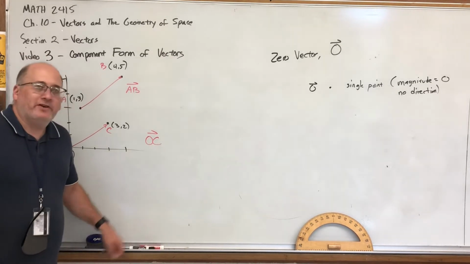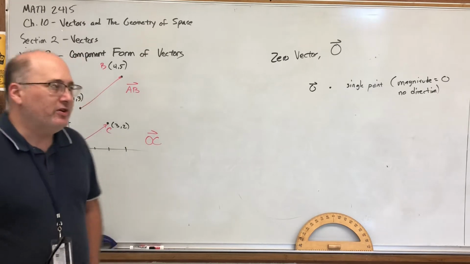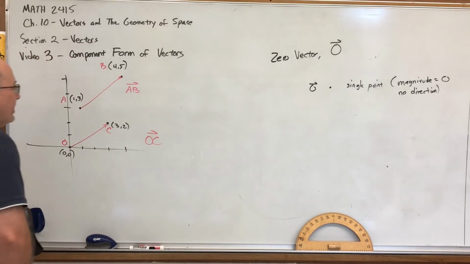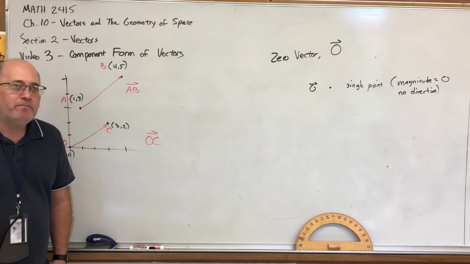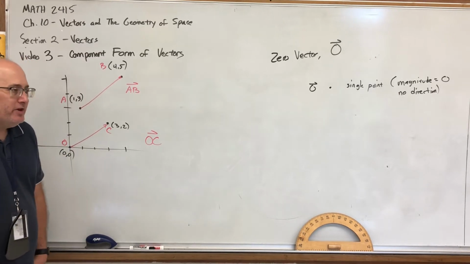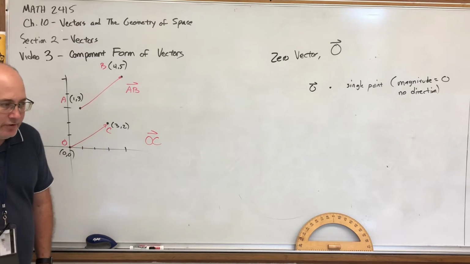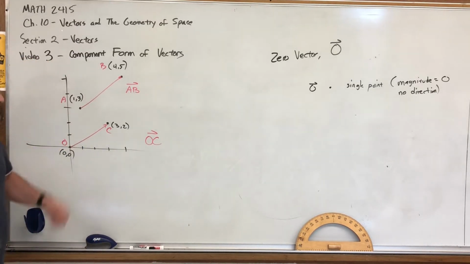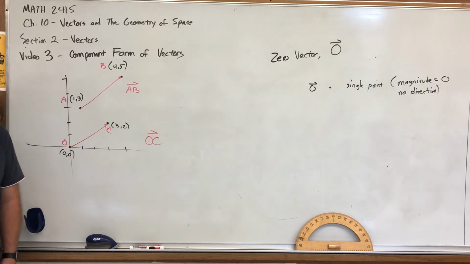So far we've looked at vectors geometrically as arrows illustrating displacement from one point to another. But in order to do calculus, we need to be able to do algebra. And in order to do algebra, we need numbers to represent generically as variables. And so far, the only numbers we've seen have been in the form of coordinates representing initial and terminal points of vectors.